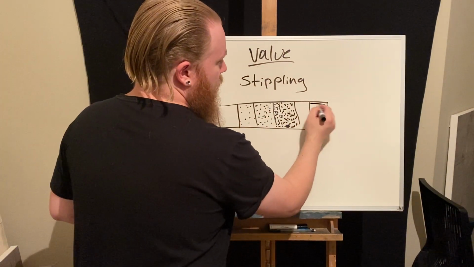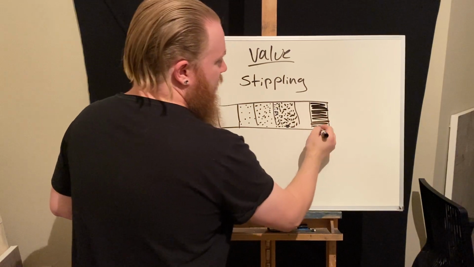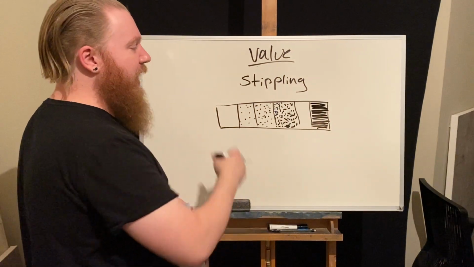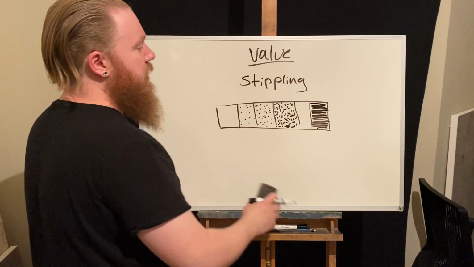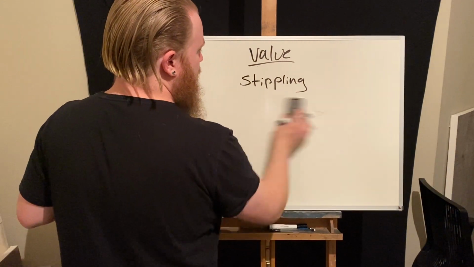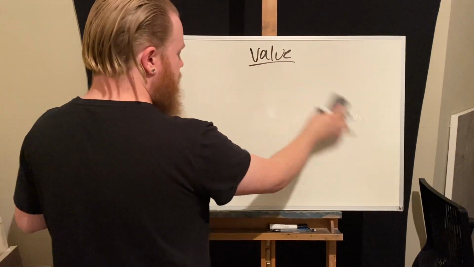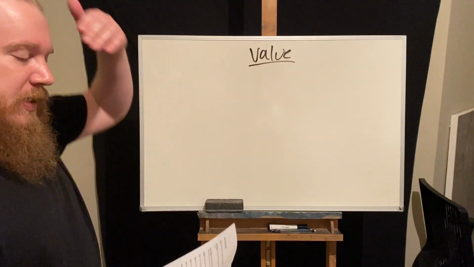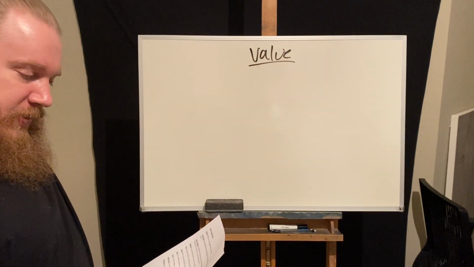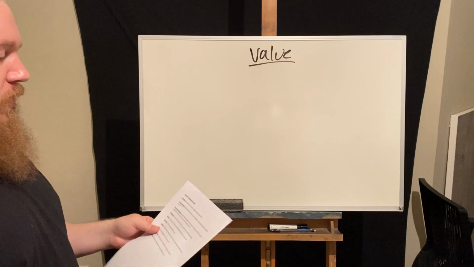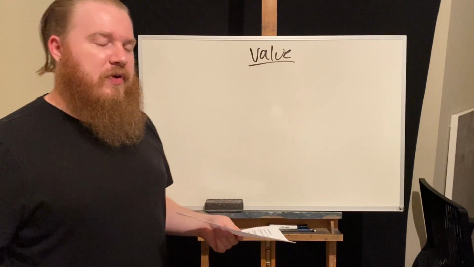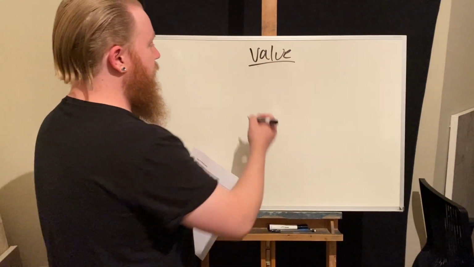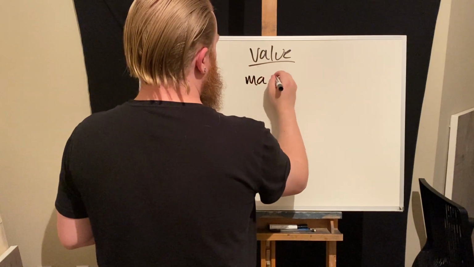Obviously, at this point, we would pretty much have enough dots to make it look completely black. Once again, I'll show you another example of this on paper with pencil in a few minutes. So that's another way that we can go about the creation of value within a work of art through very simple means.